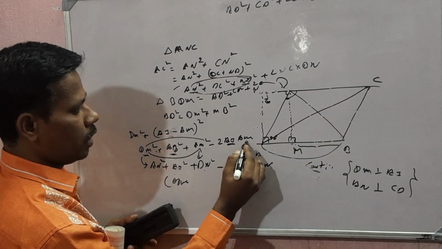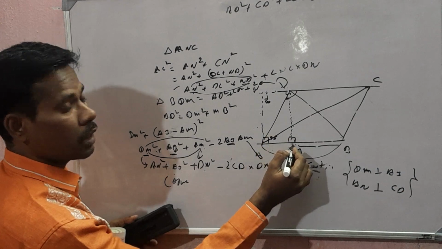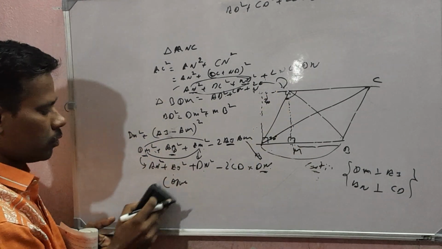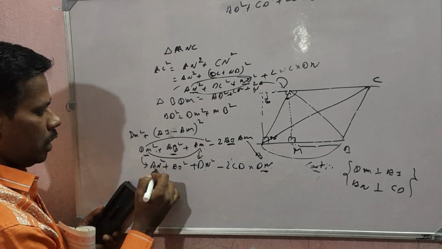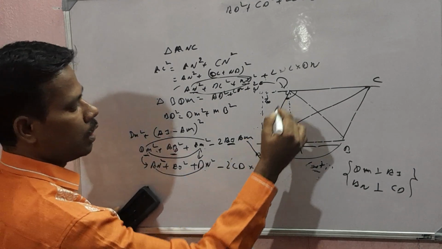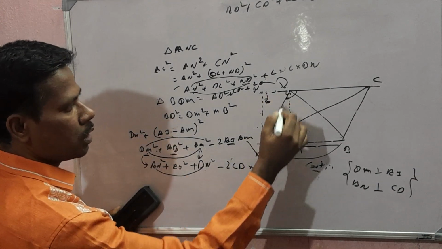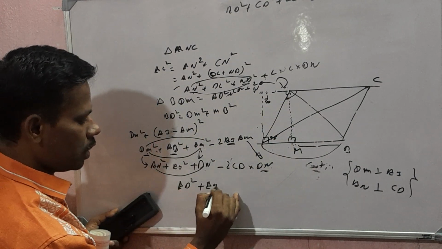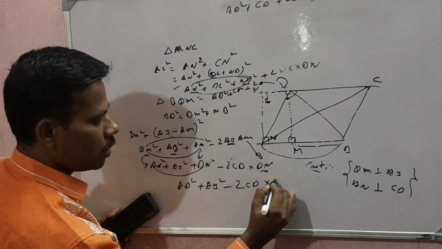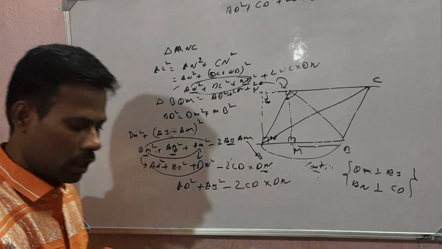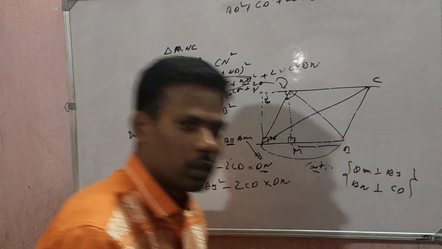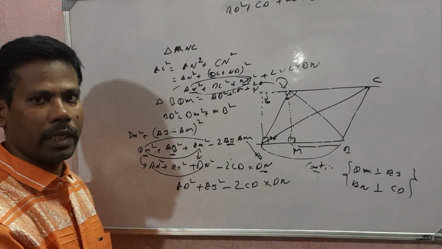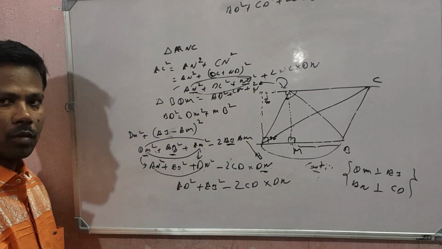Write down all the steps. Therefore, AN square plus DN square is nothing but again AD square. AD square plus AB square minus 2 times CD into DN. This problem is a little bit confusing. Why? Because we have to apply properties of rectangle as well as properties of parallelogram at a time. So this is what we will get.